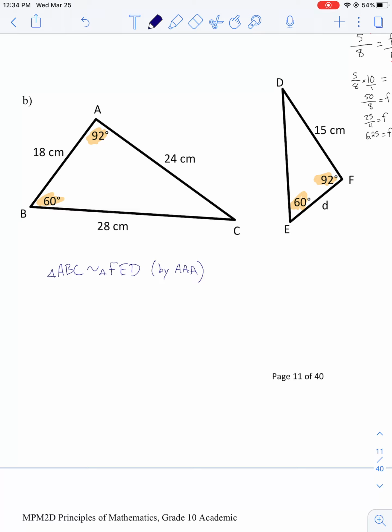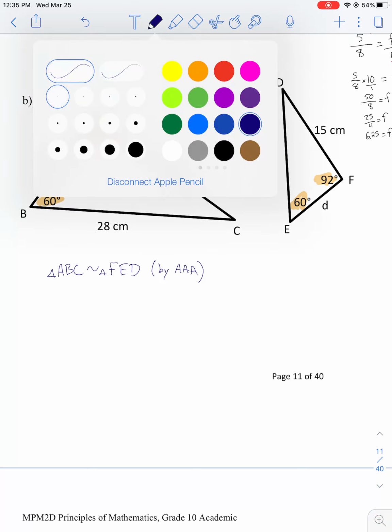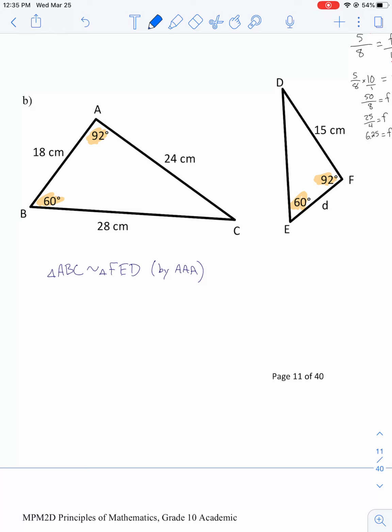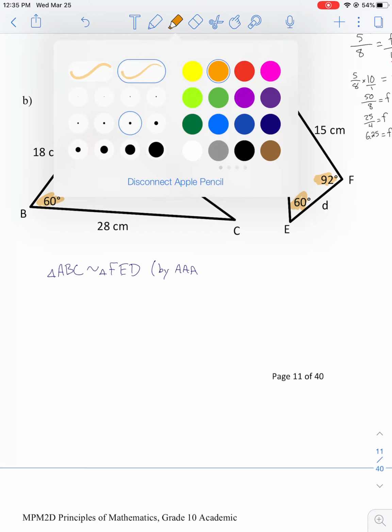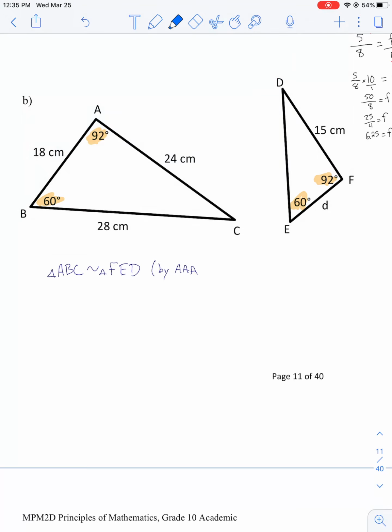So we're working with similar triangles, so we can take a look at the ratio of the side lengths now, as long as we're working with the similar side lengths. So between 92 and 60, or between F and E, right here, this side length needs to be scaled up to get the same side length as our larger triangle, as 18.